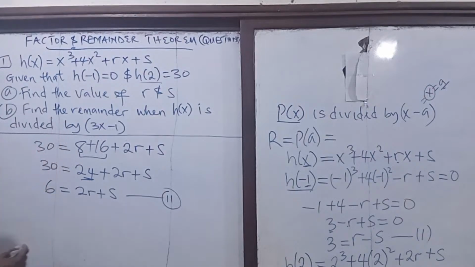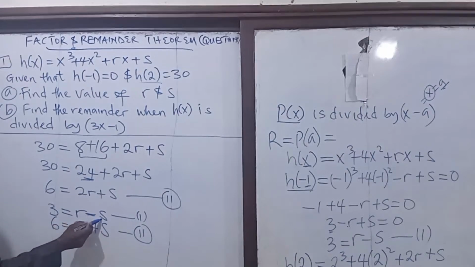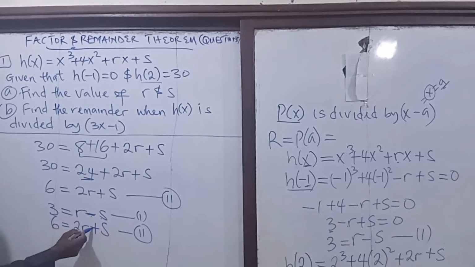The first equation is this, and the second equation is 2r plus x. This is equation 1, this is equation 2. The coefficient of x here is minus 1, and in this place is plus 1.